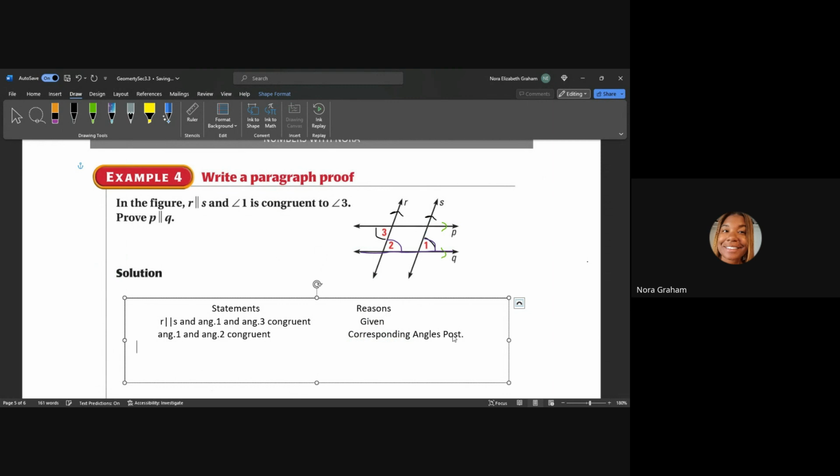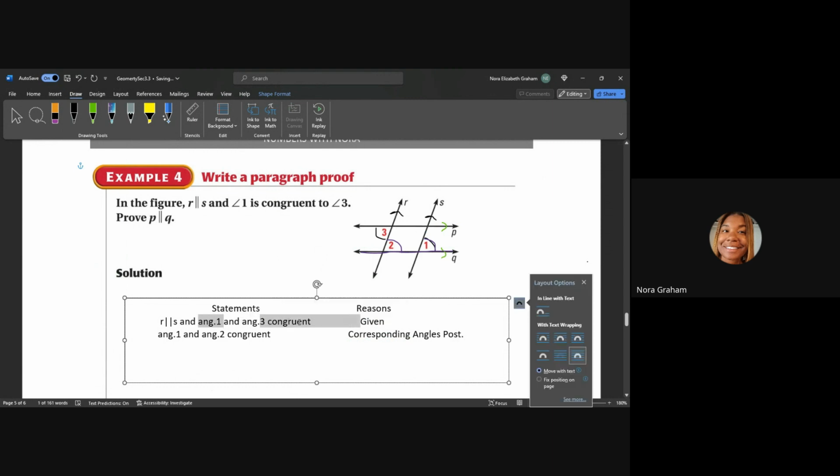Now let's see what else we can conclude. We're going to use the transitive property, because I see that angle 1 is congruent to angle 3, and also angle 1 is congruent to angle 2 as well.